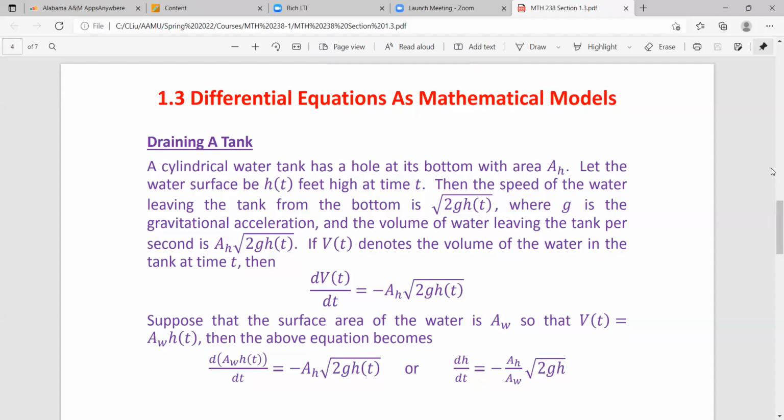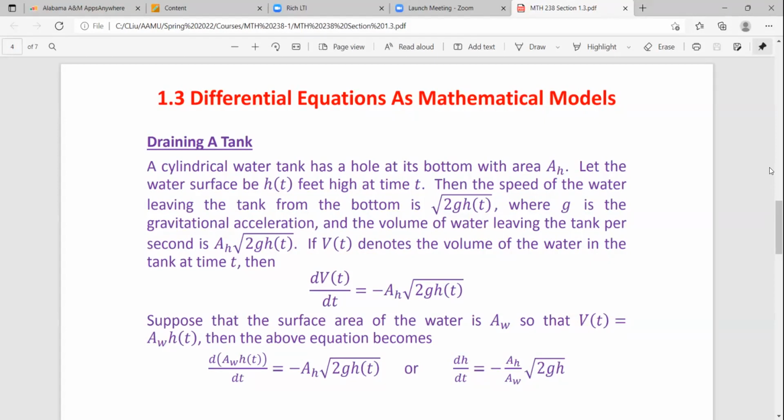So that's the rate of change as we already calculated from the hole itself. We can set up the equation for this change of the volume of the water in the tank. It comes from the leaking. And here we do use a negative to indicate the volume of the water in the tank is decreasing.